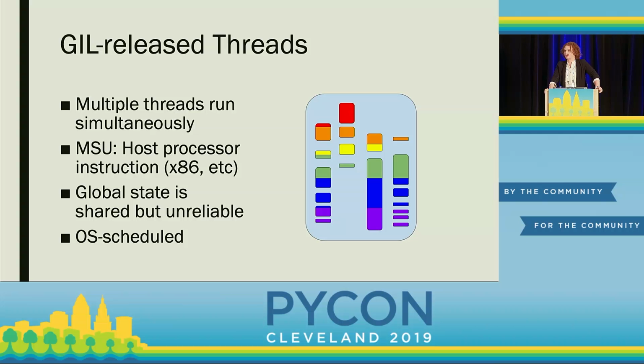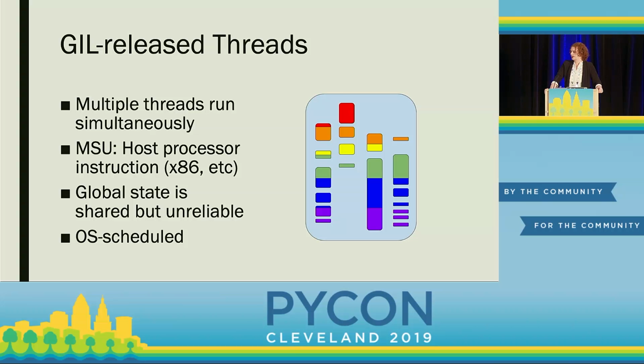That allows us to both use optimized machine instructions, and because we're not interacting with a Python interpreter, we can safely allow multiple threads to run concurrently without putting any of the Python data at risk. Global state in a GIL released thread is entirely shared and also entirely unreliable, so we want to avoid using that shared state as much as we can.